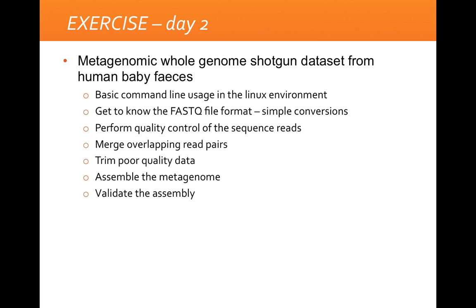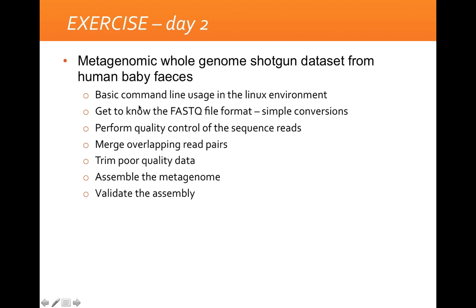So the exercise, which will be available to you, can be summarized like this. You're going to work with samples that have been taken from baby feces, and the first part of the exercise will be to get to know the Linux environment and how you maneuver around using the command line.